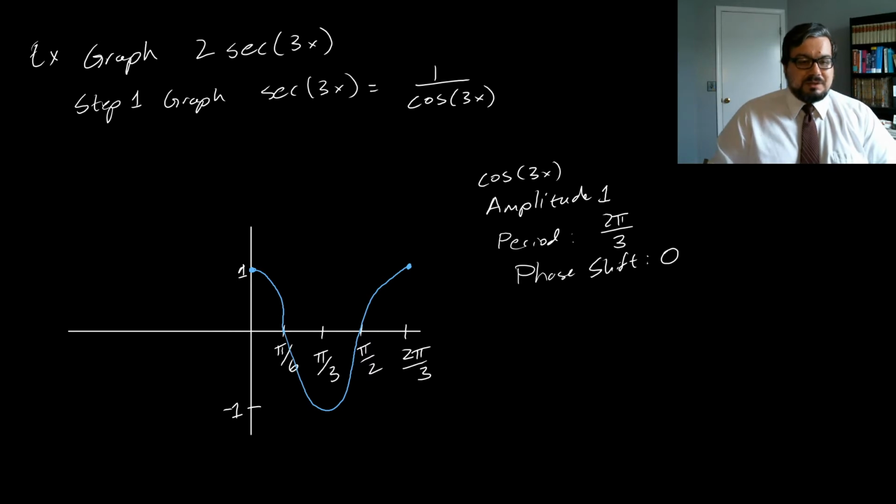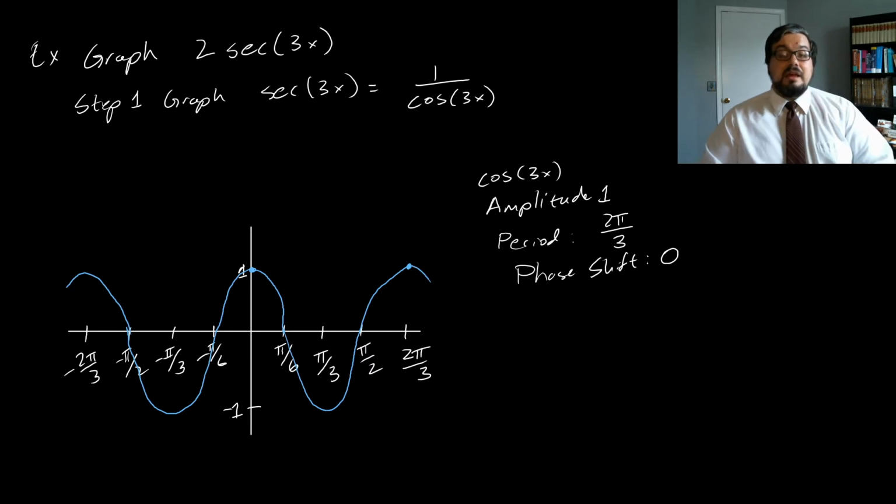And of course, we want to get the behavior of the graph on the other side of the line as well. These are all negative. And so here's what cosine looks like going to the left. It's going to continue here.